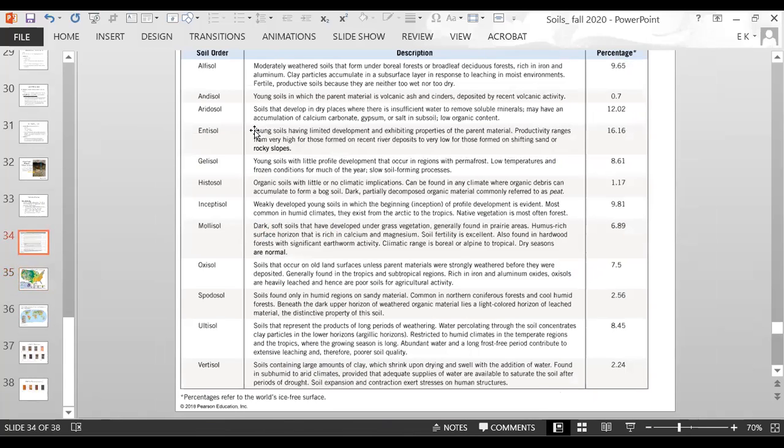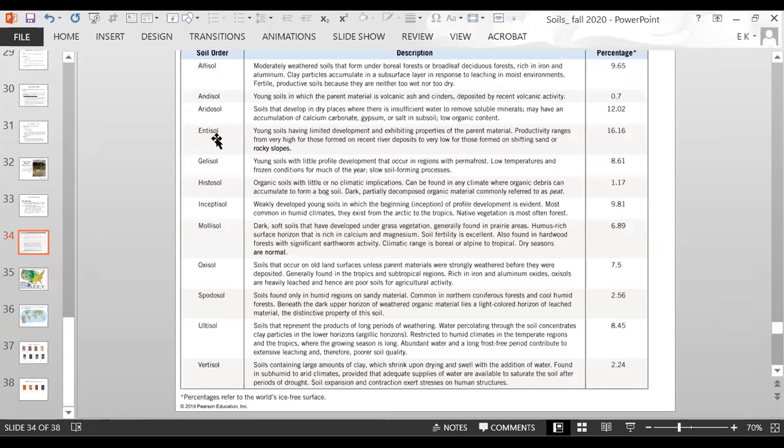So blue, entisols, and then we could go to the table on the previous slide and see what entisol is. Young soils having limited development and exhibiting properties of the parent material. Productivity ranges from very high for those formed on recent river deposits to very low for those formed on shifting sand or rocky slopes. Productivity is talking about fertility of the soil in terms of plant growth.